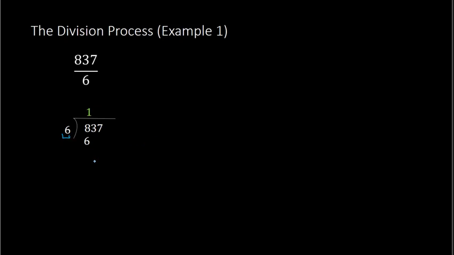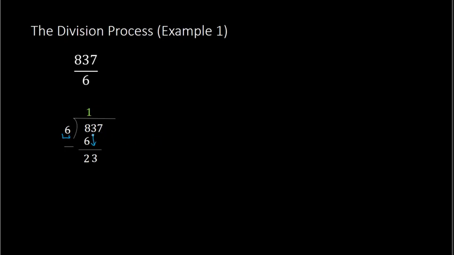Our next step is to subtract. So we do 8 minus 6, which gives us 2. And then lastly, we bring down the next number, the 3, to get 23, and then begin the process all over again. So that is all the steps, and now we just repeat the process until we get through all the numbers in the problem.